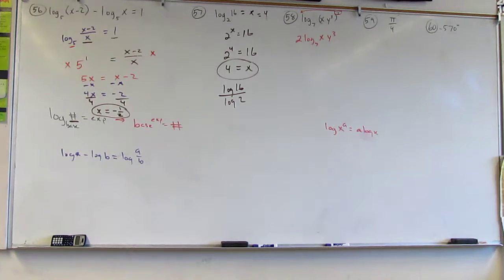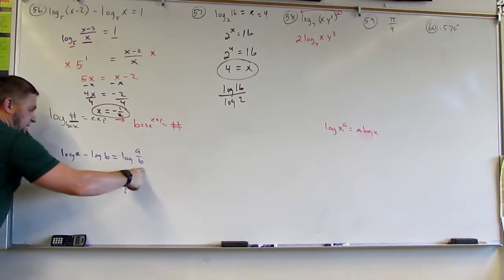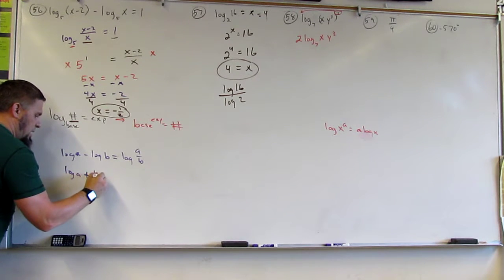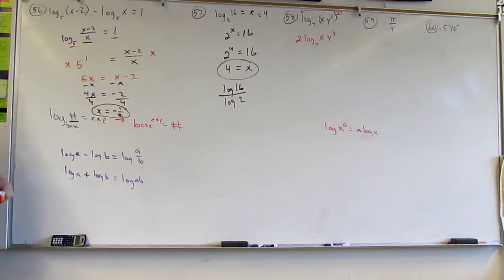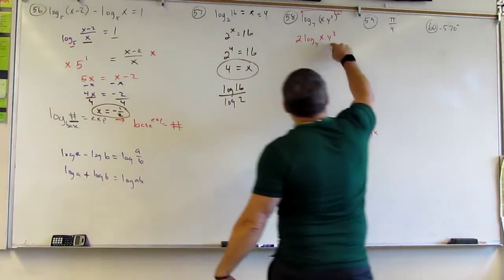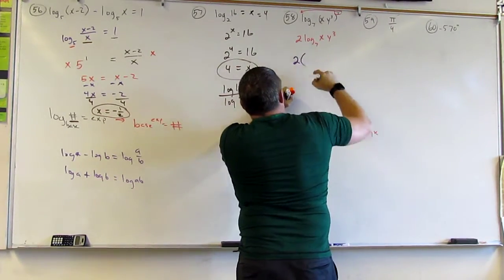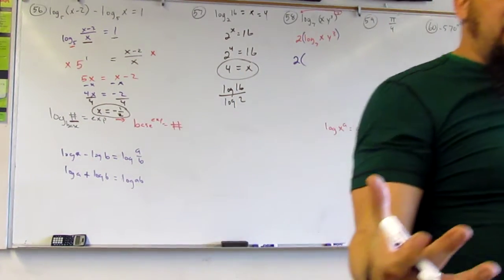Now, remember the other rule? Instead of minus, we do a plus. Log A plus log B equals log AB. So, put them together, log AB; pull them apart. 2 times the log, the quantity, because this is in its own thing, right?